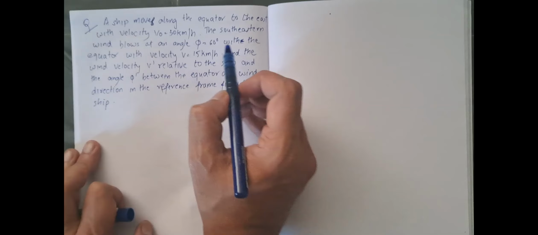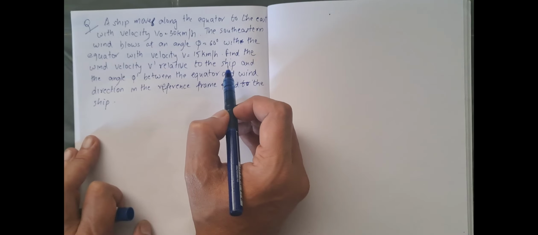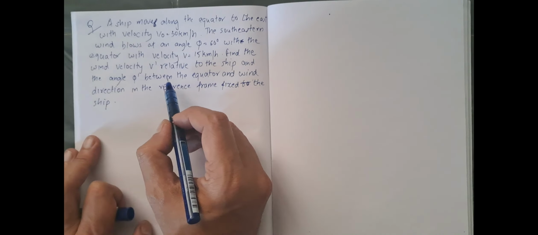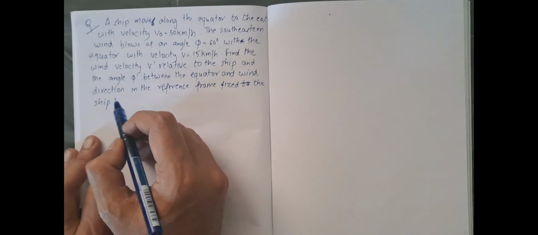And that angle that it makes with the equator is phi equal to 60 degrees. Find the wind velocity v dash relative to the ship and angle phi dash between the equator and the wind velocity, wind direction in the reference frame fixed to the ship.